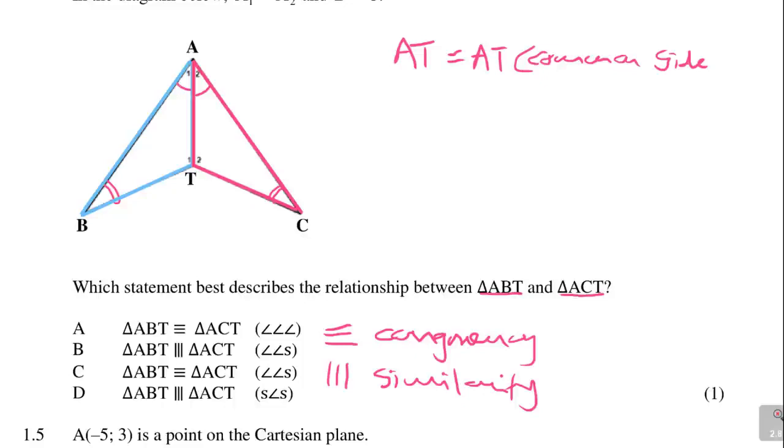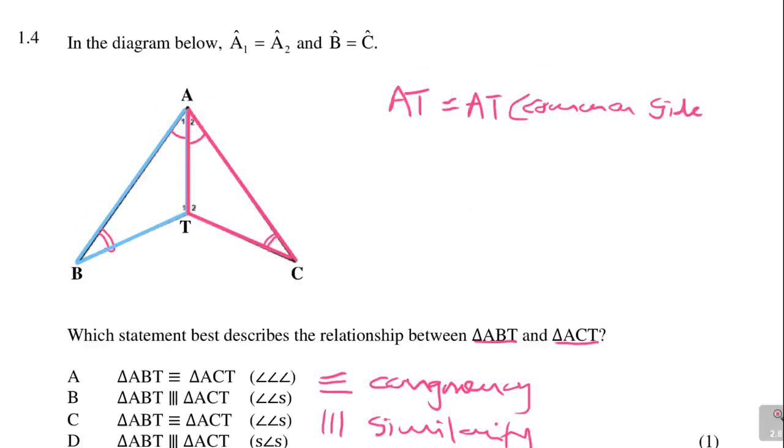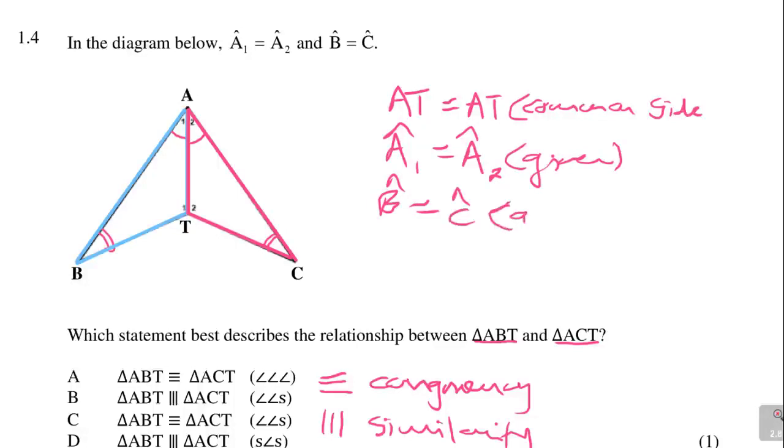And then they told us information here. Angle A1 is equal to angle A2, which is given. And also angle B is equal to angle C. This is also given.